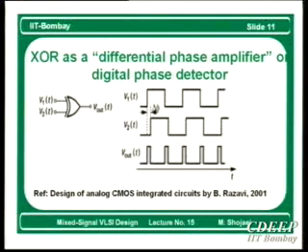In the digital domain, an XOR can do it, but it has some disadvantages that we will see. If you have two signals with some particular delta phi difference, then at the output you will see a pulse whose width is modulated by this phase difference.